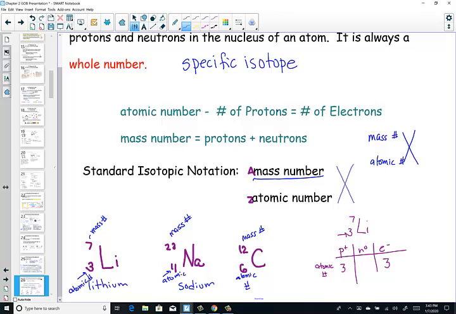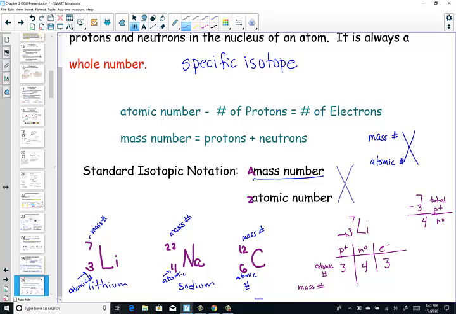I know that the mass number is giving me a sum of 2 parts. If the mass number is 7 and 3 of those 7 units are taken by the protons, how many are left to be neutrons? If all the particles inside of the nucleus add to 7, and 3 of those particles are protons, the remaining 4 particles must be neutrons, because 4 plus 3 gives me 7.